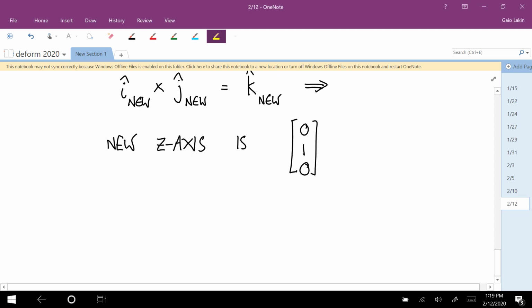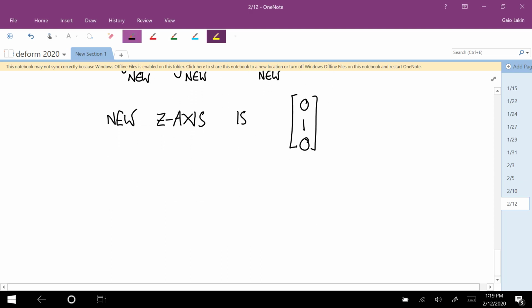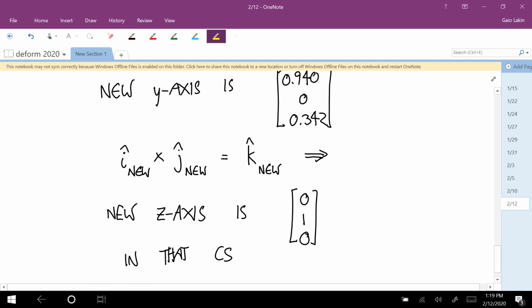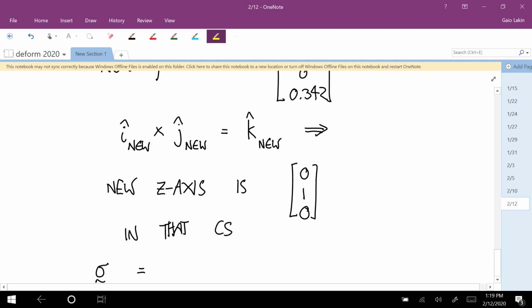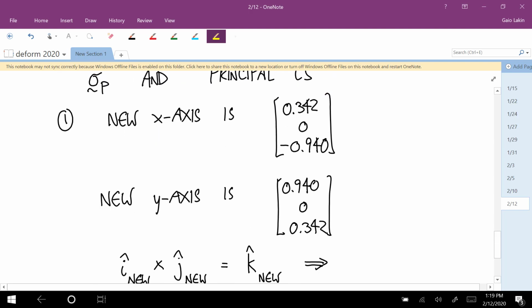So in that coordinate system, our principal stress tensor, or just our stress tensor if we're in that coordinate system, has 0 in the x normal element, because that x-axis was the eigenvector for the 0.